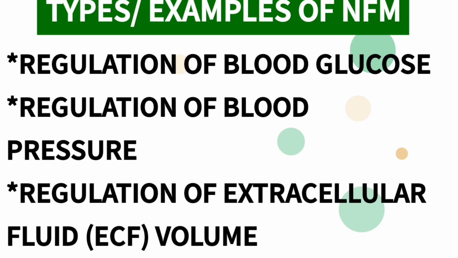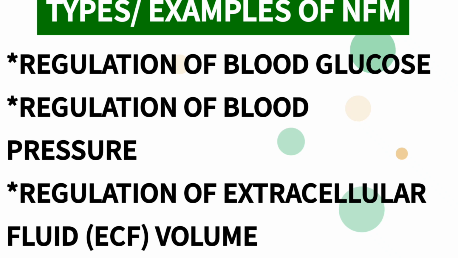Also, when the ECF volume increases, aldosterone is not secreted, which causes excess sodium ions and water to be lost in urine, so that the ECF volume returns back to normal. So it works in a negative feedback mechanism.